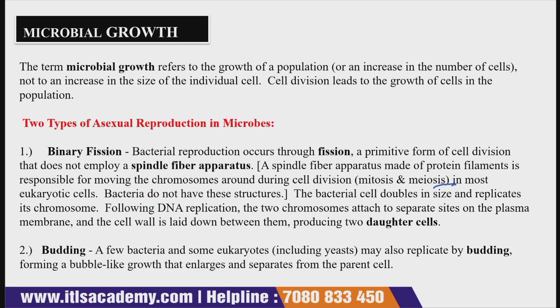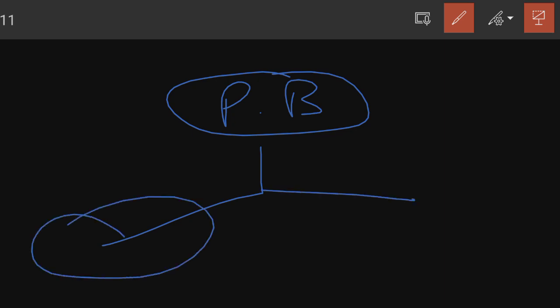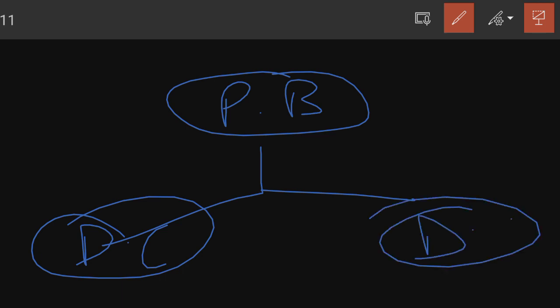So it is a simple form of cell division. If it is a bacterium, the parent bacterium, I am writing PB, that is parent bacterium, it divides itself into two identical daughter cells. So it is a simple division where a parent divides itself to form two identical daughter cells.